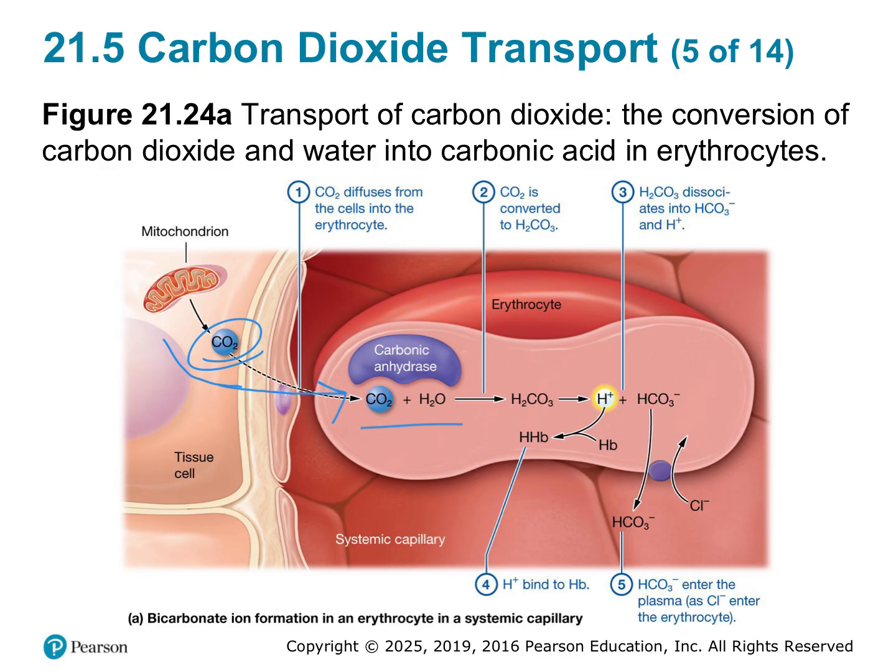Carbon dioxide and the water interact, form carbonic acid. That dissociates into the hydrogen ion and bicarbonate ion. Hydrogen ion is going to bind to hemoglobin, and the bicarbonate ion is going to leave the red blood cell to get into the plasma, and when it does so, we exchange bicarbonate ion for chloride ion. So we have a chloride shift.